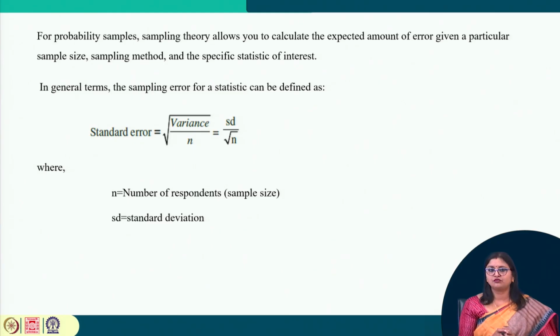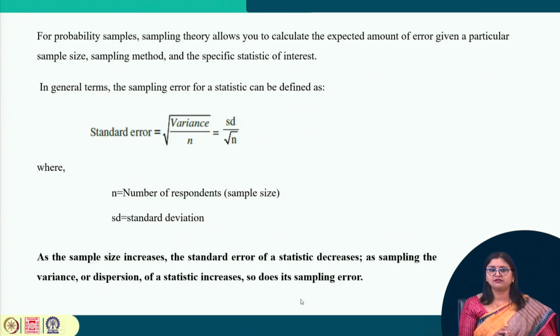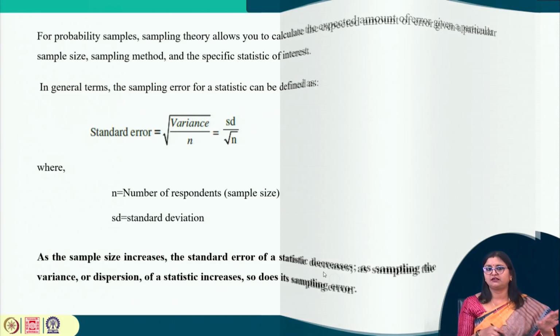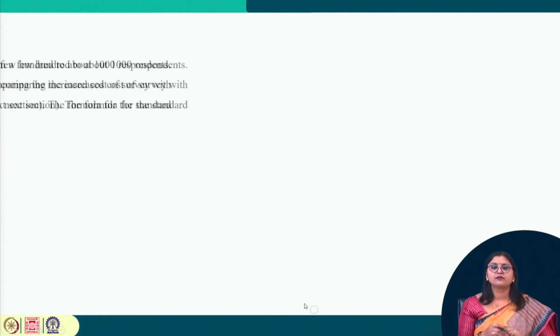Here n is the sample size and SD is the standard deviation. As the sample size increases, the standard error of the statistic decreases. As the sampling variance or dispersion of a statistic increases, so does its sampling error. So, the greater the sample size, the lesser the error. The lesser the sample size, the greater the error. This is the relation of this error.